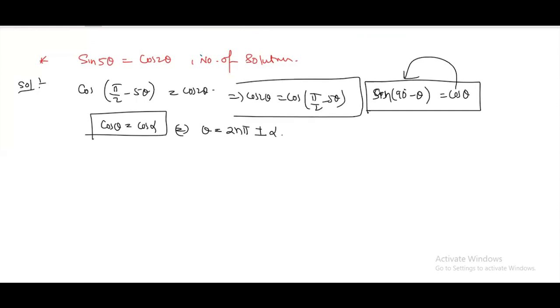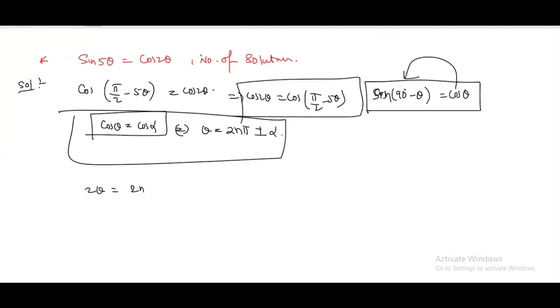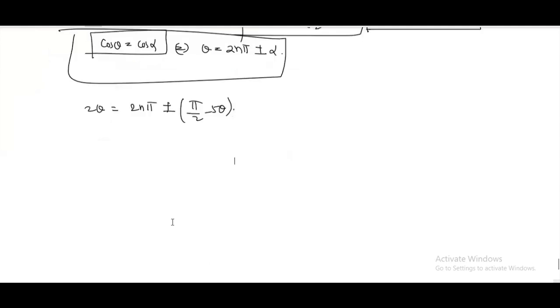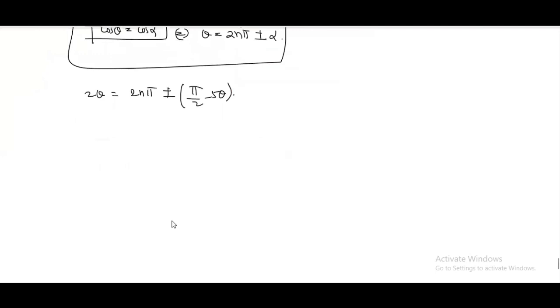So here we can write this one according to this formula: 2 theta is equal to 2n pi plus or minus pi by 2 minus 5 theta. So here let's substitute different values for n. If I substitute n is equal to 0, we get 2 theta is equal to plus or minus pi by 2 minus 5 theta.